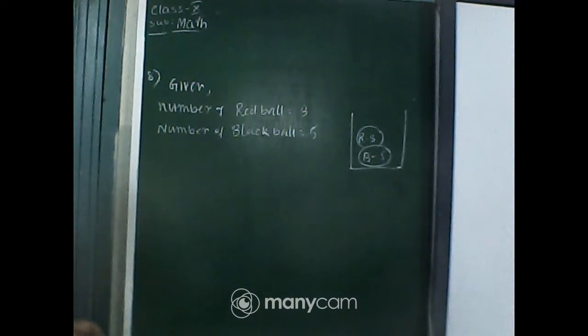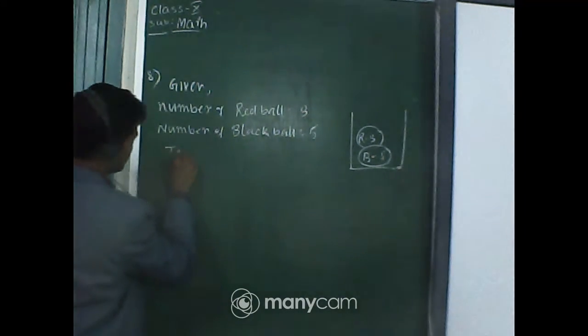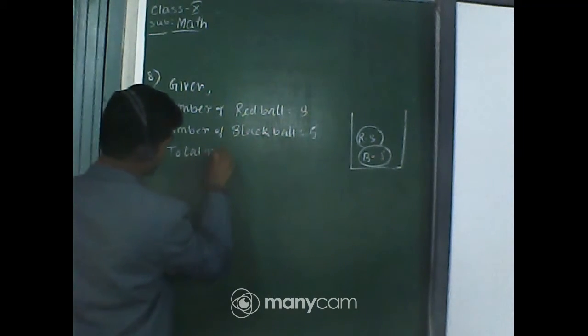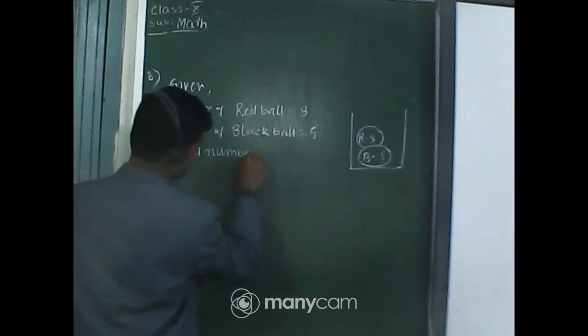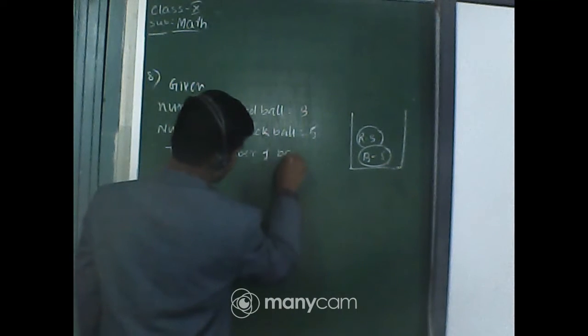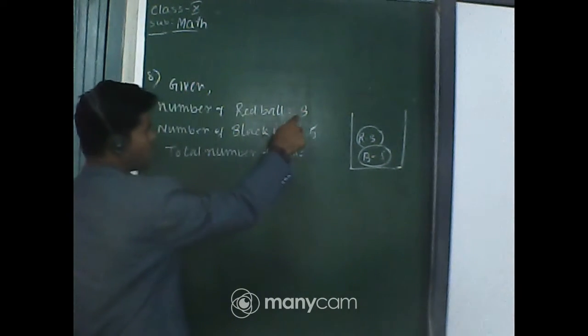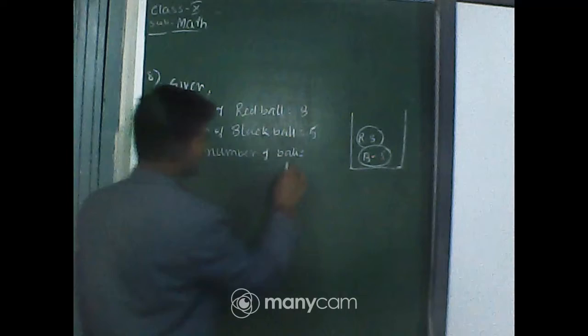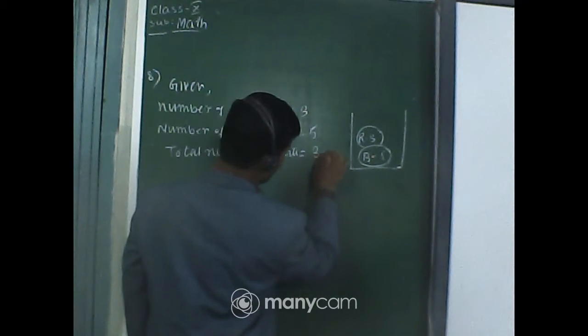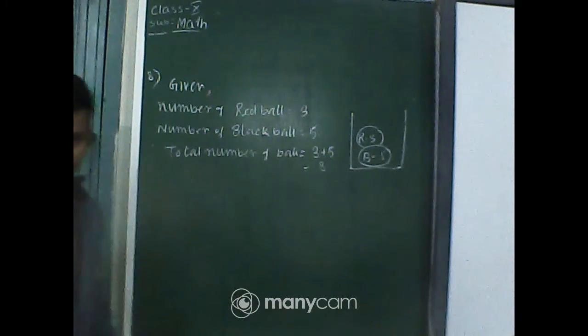So what is the total number of balls? Total number of balls is 3 red balls and 5 black balls. So total number of balls is 3 plus 5, that is equal to 8.